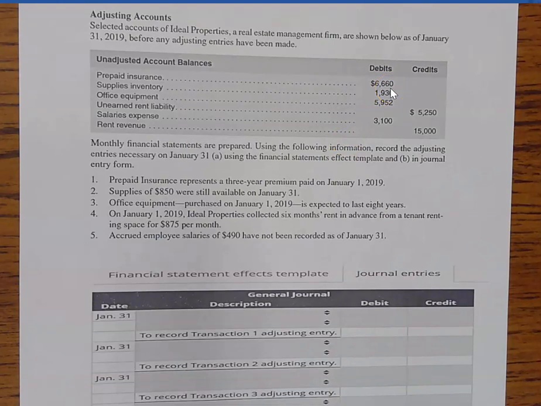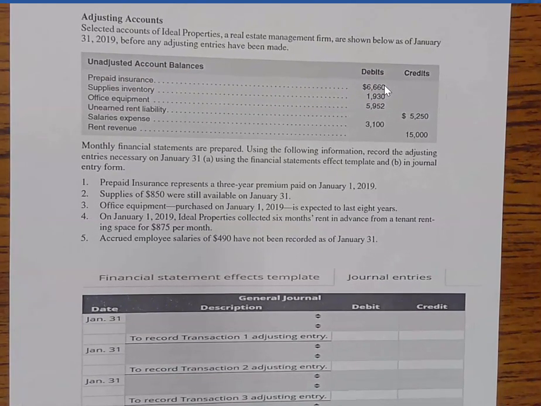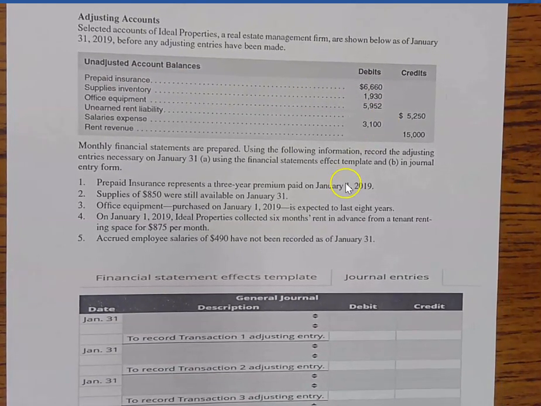This entry has already been made, and I know that because otherwise we wouldn't have prepaid insurance with a debit balance. So that is an absolute fact. Now 1 month has passed and we have used up 1 month of this deferred asset, but we haven't used up all of it. In fact, we have almost all of it left, all but 1 month.